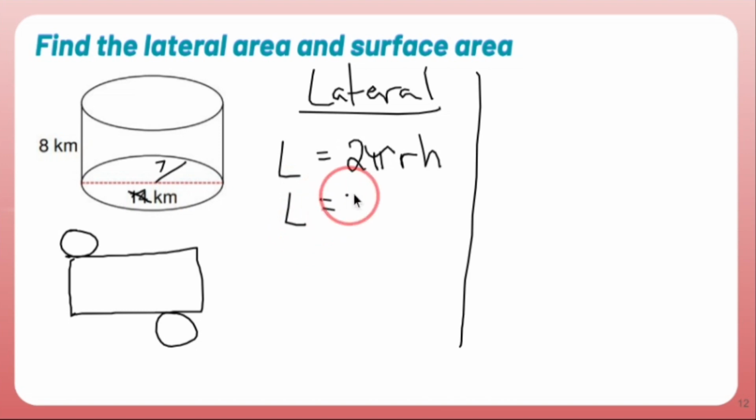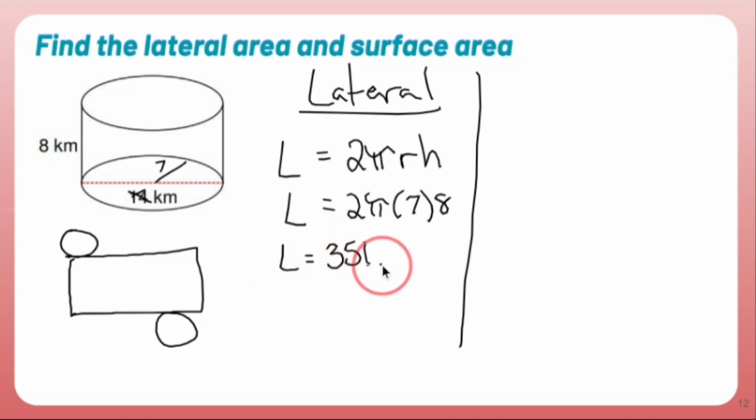My lateral area is going to be 2 times pi times the radius times the height, which was 8. Don't know what that is, so I'm going to go off to the side and ask Siri. So she said 351.8583, so I'll do 351.86 kilometers.